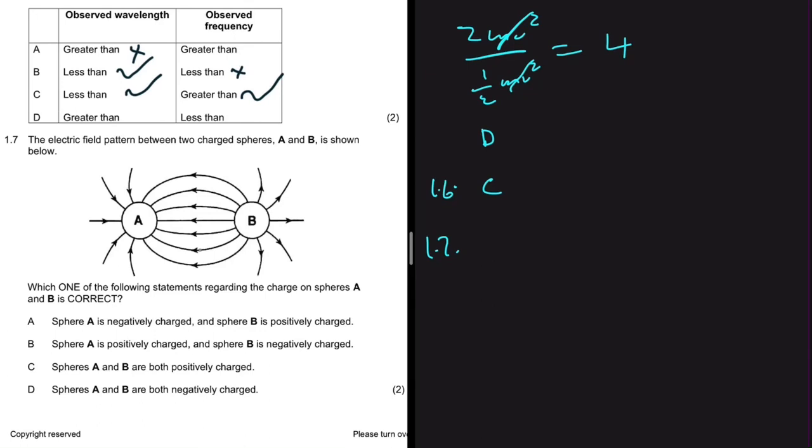And if the electric field lines are pointing outwards, then that sphere is positively charged, right? Which one of the following statements regarding the charge of spheres A and B is correct? Sphere A is negatively charged, right? We know fully well that that is true. And then sphere B is positively charged. Yeah, that is true because the electric field lines are radiating outwards, right? So our answer for 1.7 is A.